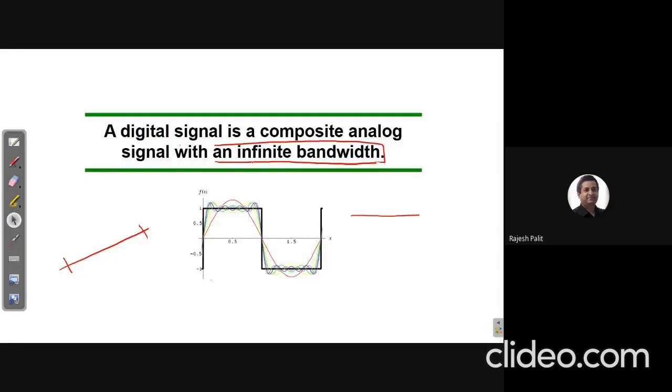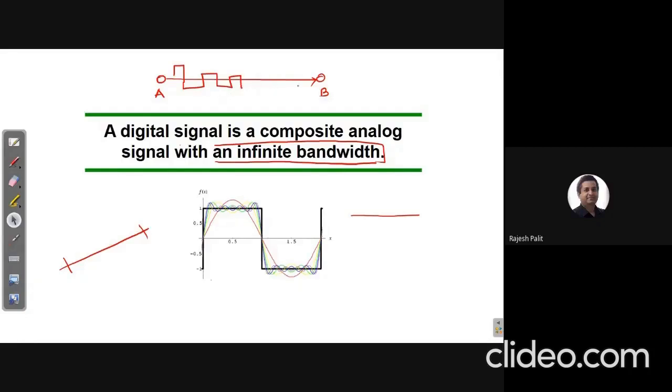If we want to send data from one point to another point, say from point A to point B, using a digital signal, we require infinite bandwidth, that is a very large bandwidth communication channel or link.